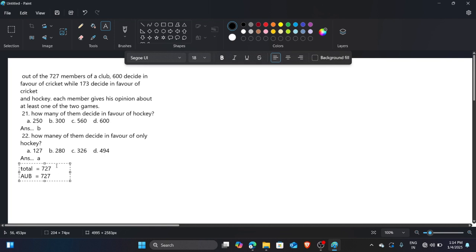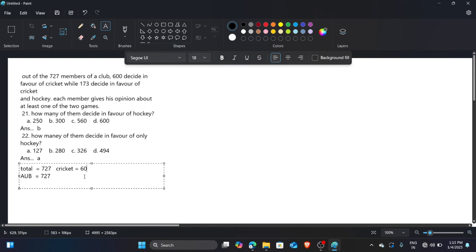Now the other thing they say: 600 decided in favor of cricket.